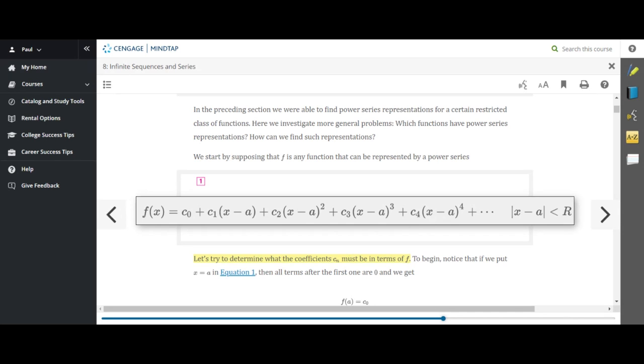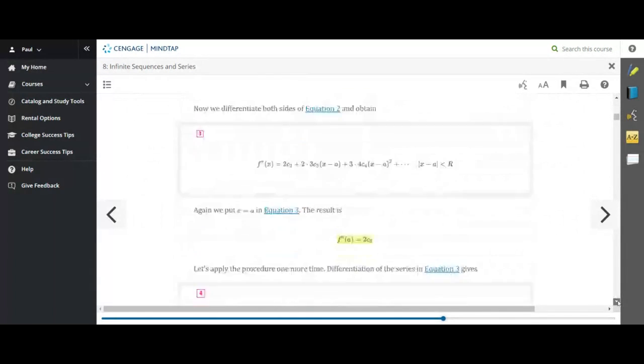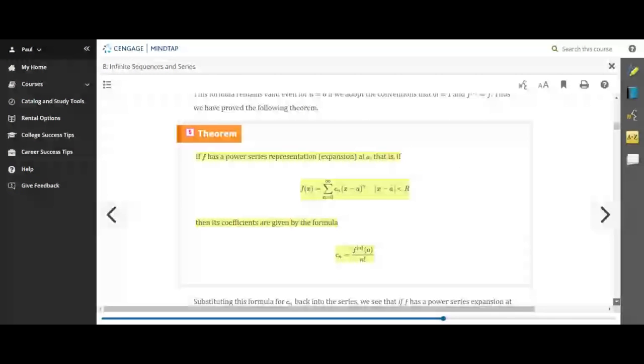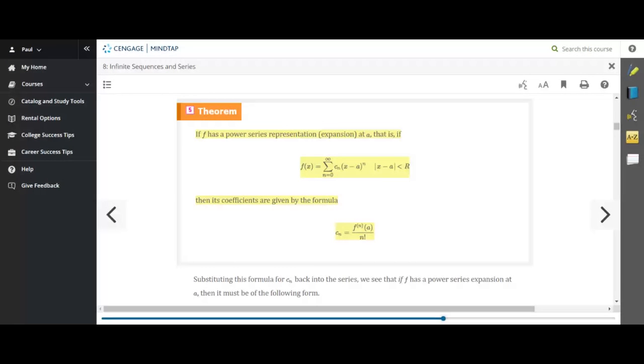But in order to utilize the power series, we need to determine what the coefficients are. In the power series that you learned, like in section 8.5, for instance, you didn't have any coefficients you needed to figure out. But here, this is a general form of a power series. For it to be useful, we need to determine the coefficients. Well, we determine the coefficients for that general power series, where we set the function equal to a power series. And the coefficients we determine here in theorem 5.